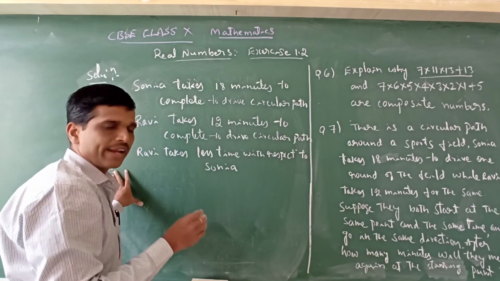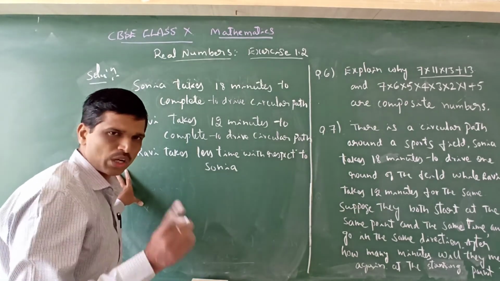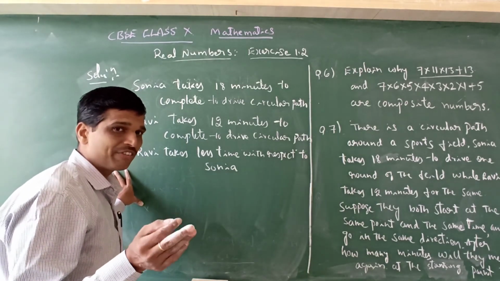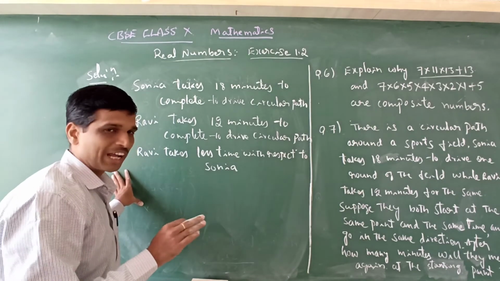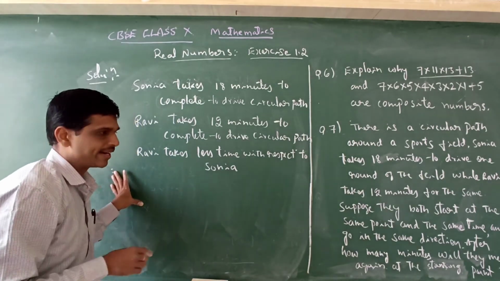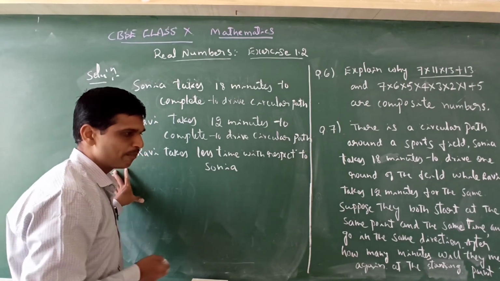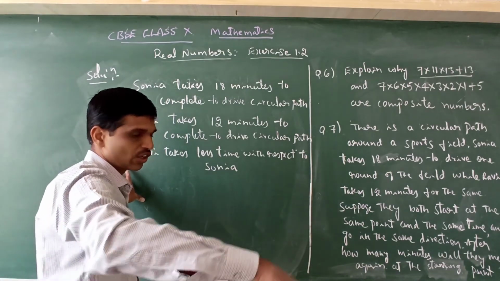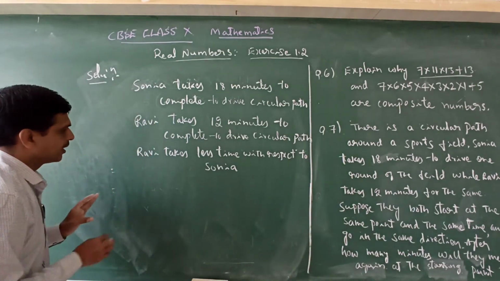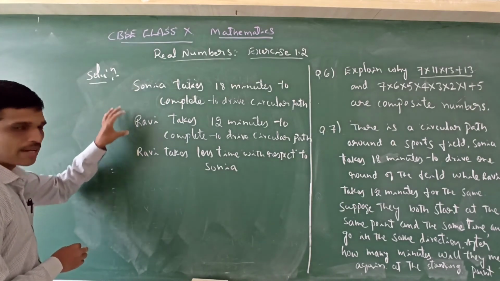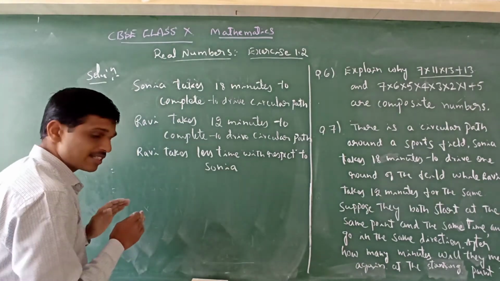One takes 18 minutes, another person takes 12 minutes. If you take the HCF, it becomes the common time, but the round is not completed. If you take the LCM, that completes the round. The circular round can be completed by the same members at the same time and in the same direction.